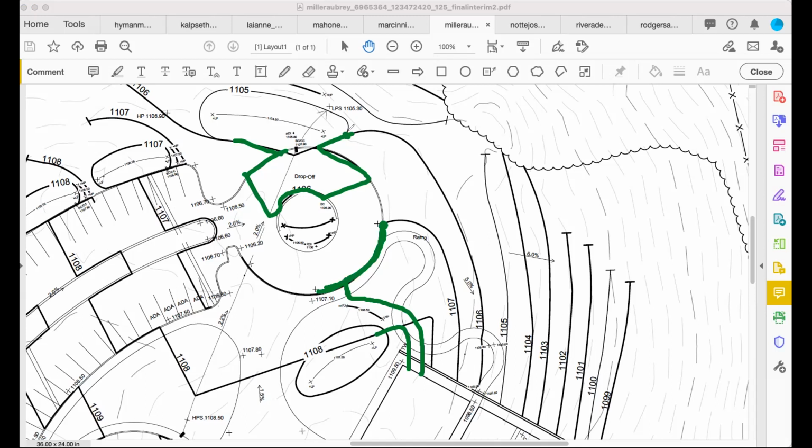6 come out of here. 6 also. 6 will be somewhere here. So yes, it comes to the wall.